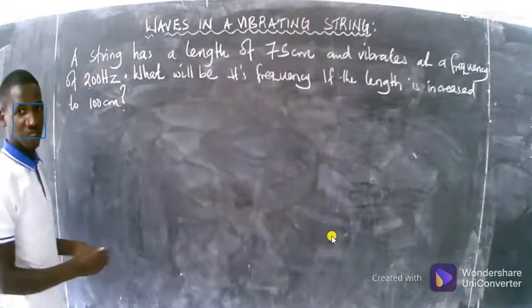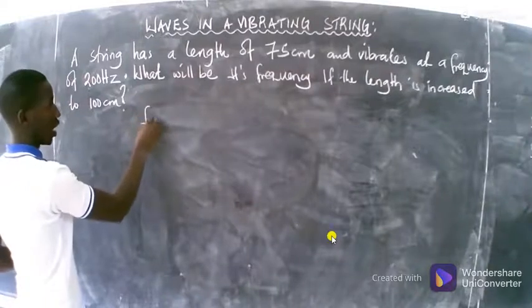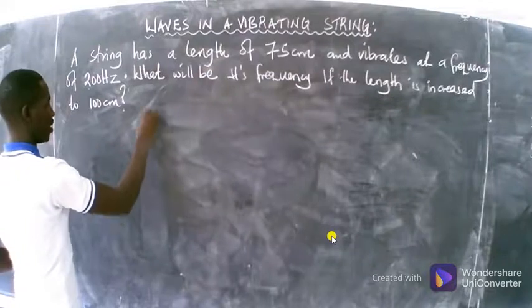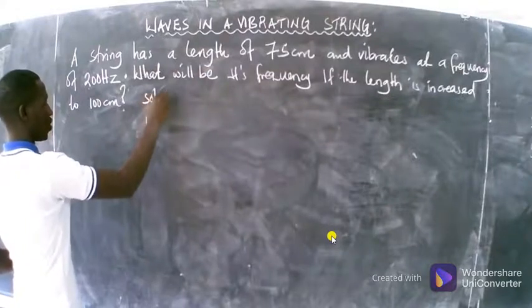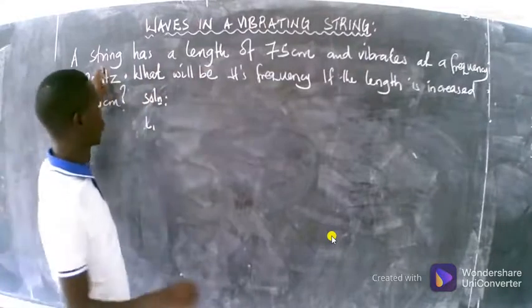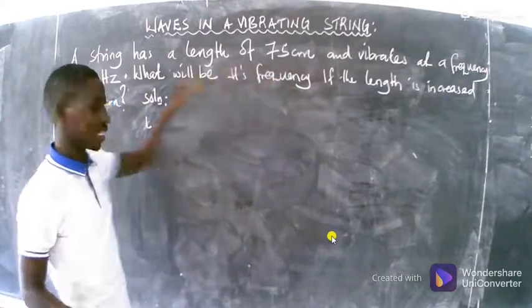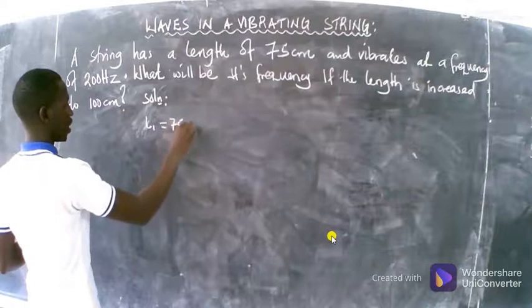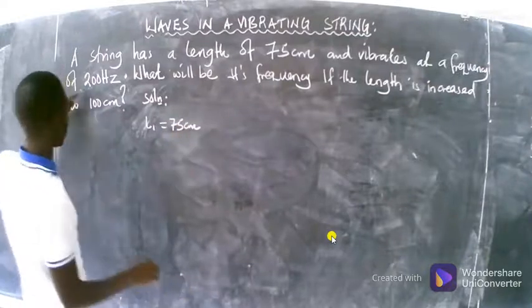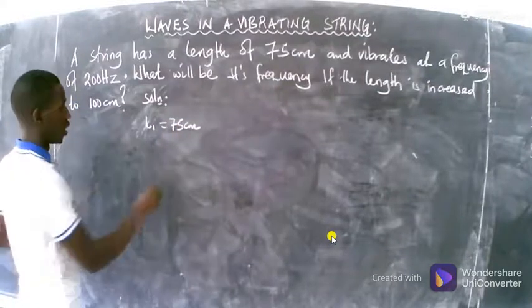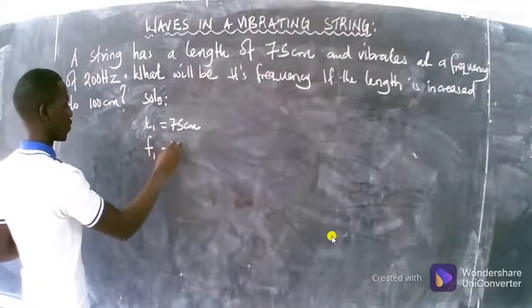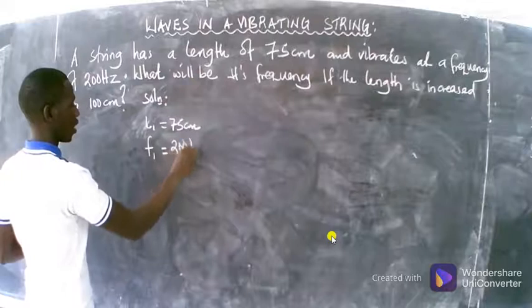So we have a string of length L1, which is 75 centimeters, and it vibrates at a frequency of 200. That frequency corresponds to this length. I call it F1, also 200 Hertz.